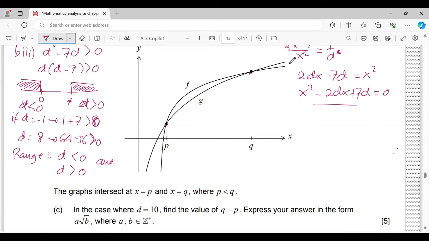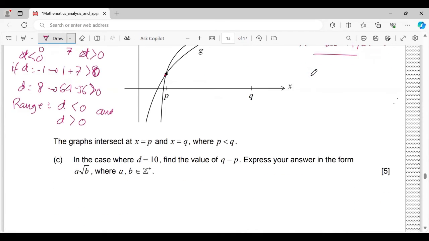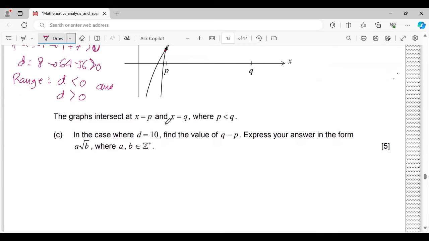Two graphs, f(x) and g(x). In the case where d equals 10, find the value of q minus p, where p less than q. Express your answer in the form a square root b.